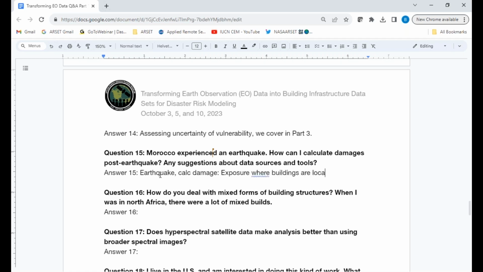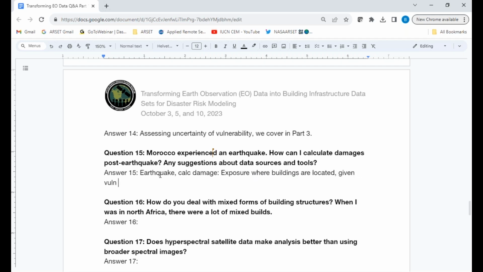The second part, given the vulnerability, is the damage functions: what kind of damage would it suffer when subjected to the hazard? And the last part, more importantly, is the hazard map. For all three components, you will need information. Today's workshop focused more on the first part, which is creating that building exposure data.